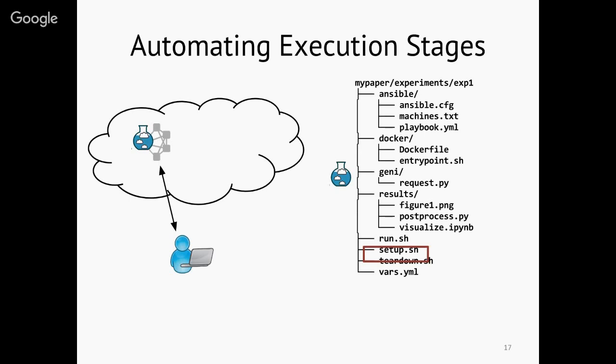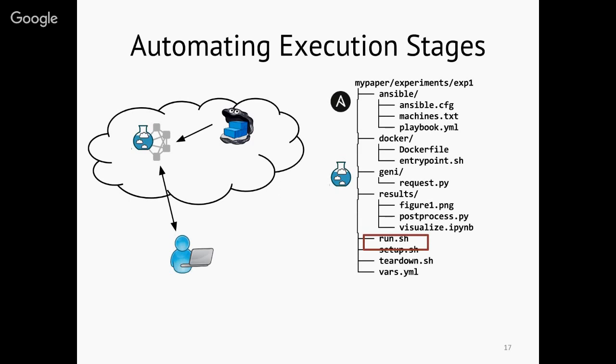boot a bunch of Linux boxes running Docker, and then using Ansible. If you haven't heard of Ansible, conceptually it's kind of like a distributed SSH tool that allows you to implement a bunch of tasks in a cluster using just SSH and Python.